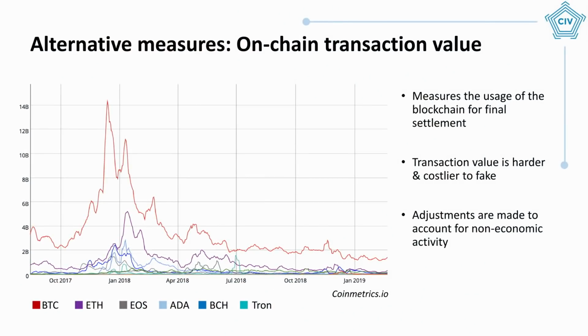So then, now we're coming to the real meat of it. One of my favorite measures, just simple on-chain transaction value. And I say on-chain, I don't mean within exchanges, but actually transactions which settle on the blockchain directly.